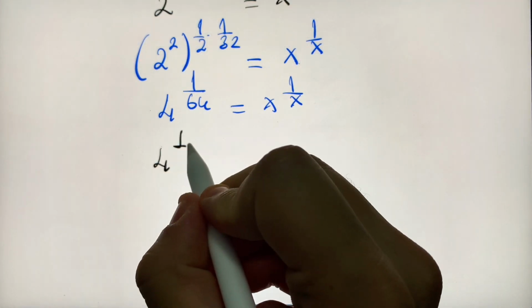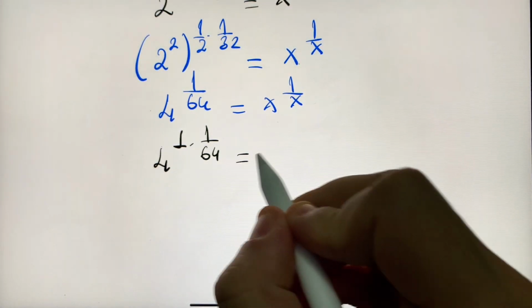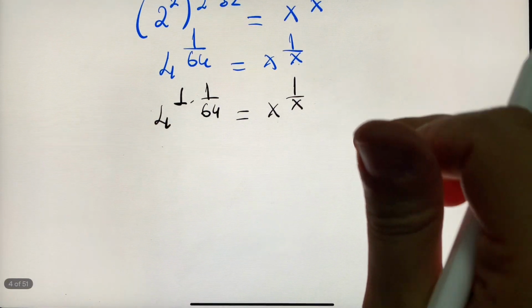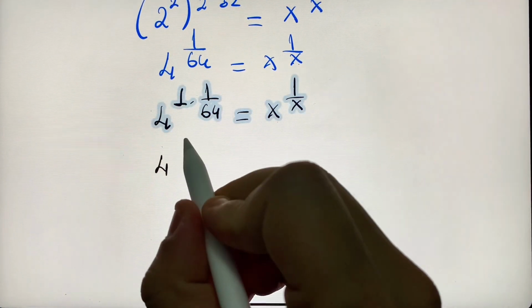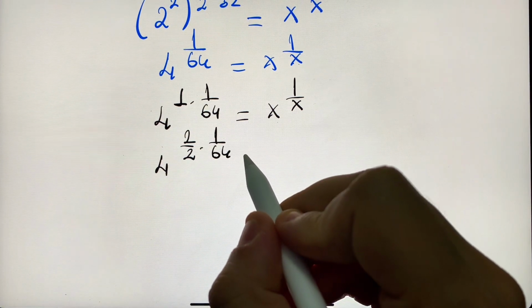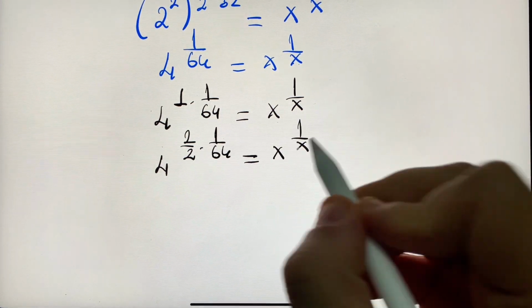4 to the 1 times 1/64. I wrote it as equal to x to the 1 over x, where I saw 1 again. What can I write? 2 times 1/64, equal to x to the 1 over x.